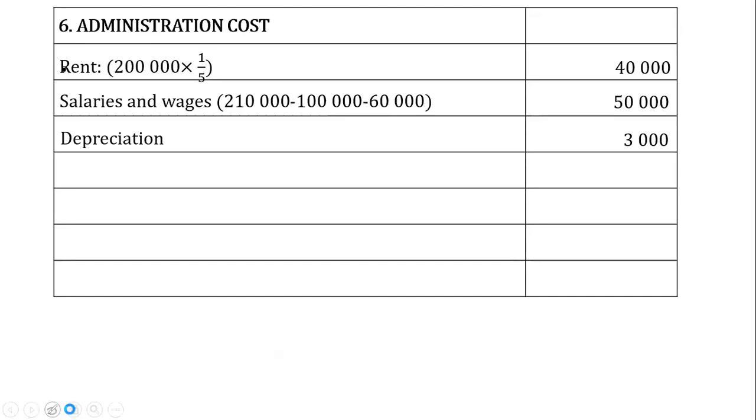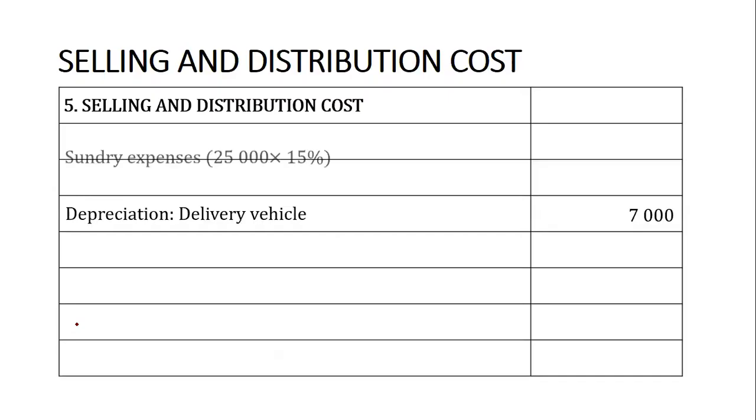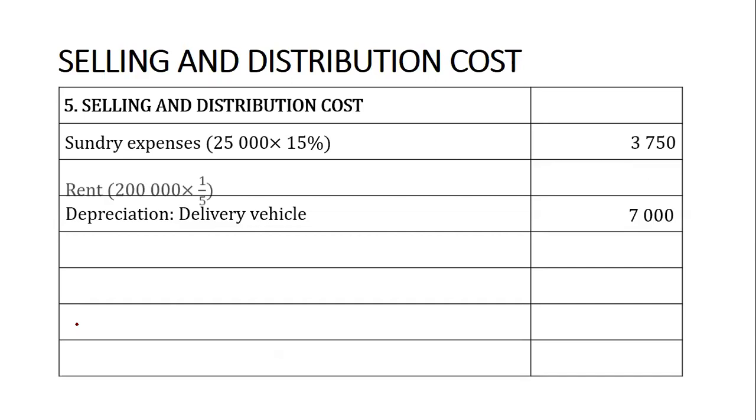Under selling and distribution, you will have rent, and it'll be 200,000 multiplied by 1 over 5, which is 40,000 as well.